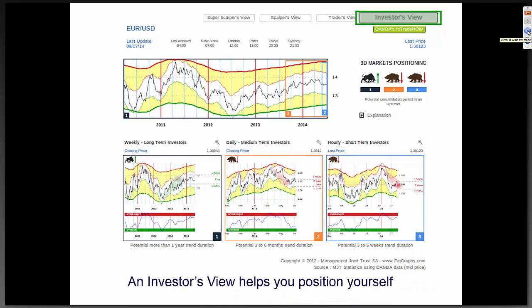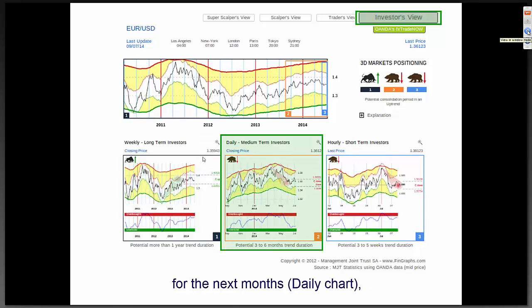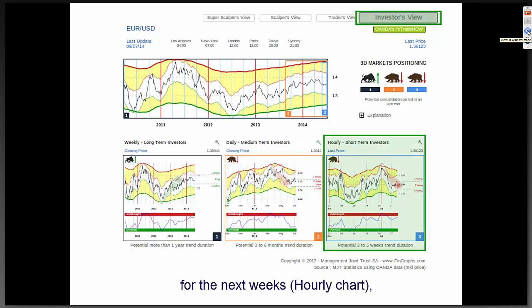An investor's view helps you position yourself for the next quarters with the weekly chart, for the next months with the daily chart, and for the next weeks with an hourly chart.